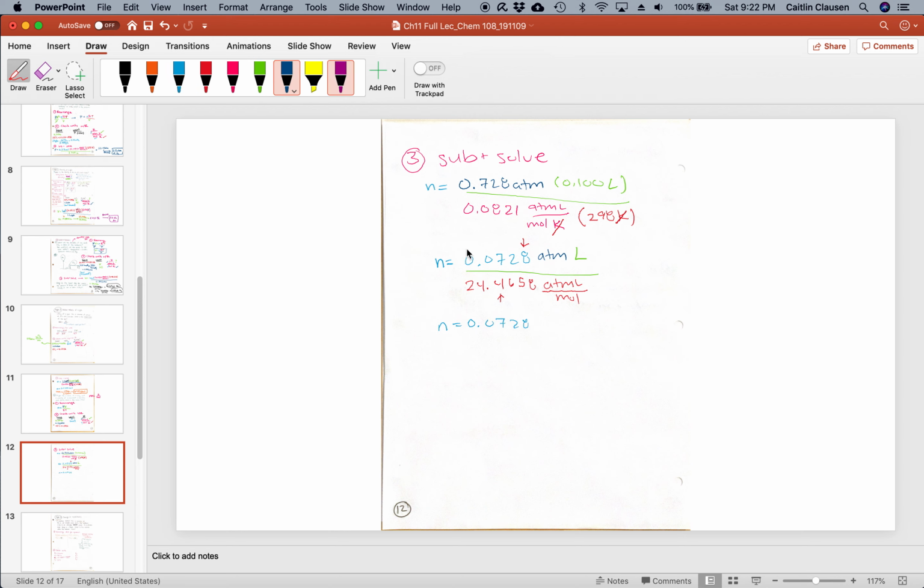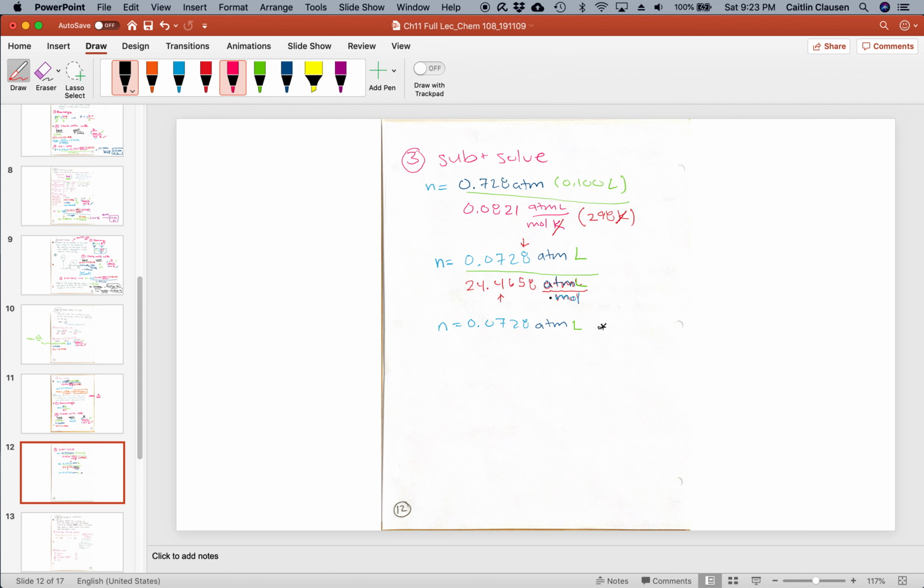0.0728, the atm liters stays on top with that number, and then we have times. Okay, so we got this number, 24.4658, attached to atmosphere liters, and the moles is just 1.